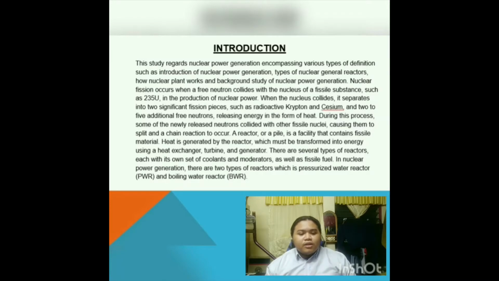Okay, for the first slide, I would like to tell you about the introduction. In this study regarding nuclear power generation, it encompasses various types of definitions. Nuclear fission occurs when a free neutron collides with the nucleus of a fissile substance such as 235U in the production of nuclear power.